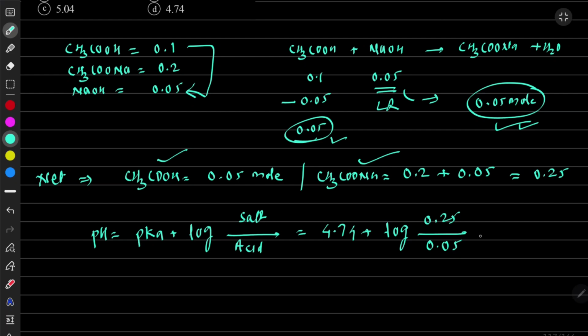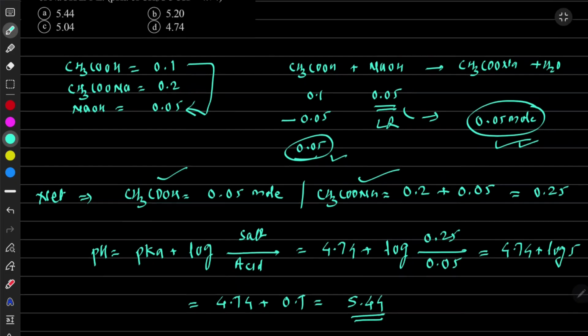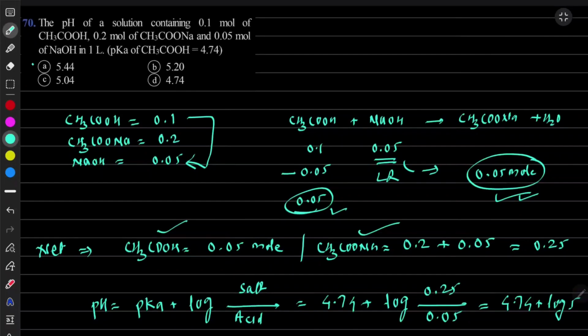So this is nothing but 4.74 plus log 5. So log 5 is approximately 0.7. So this will be 4.74 plus 0.7, which will be equal to 5.44. This will be the pH of the solution, 5.44.